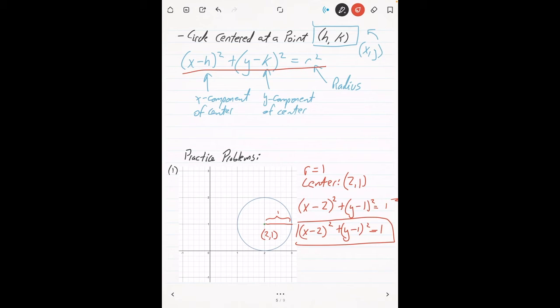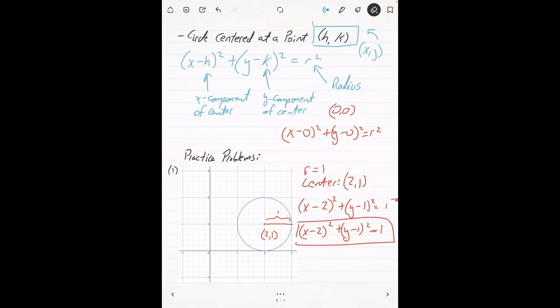What would happen, though, if we took the center 0, 0, and plugged it into this equation? Well, you would get (x minus 0) squared plus (y minus 0) squared. Oops, the square needs to be on the outside. And you set that equal to r squared.